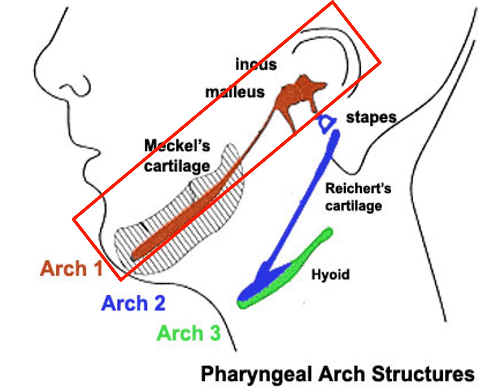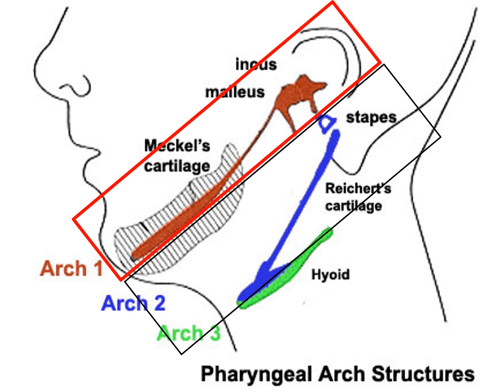This is the first arch. We can see that it develops part of the external ear, the malleus and incus, and part of the mandible, while the second arch develops the stapes, the 3rd ossicle, most of the greater wing of the hyoid and the upper part of the body of the hyoid bone.